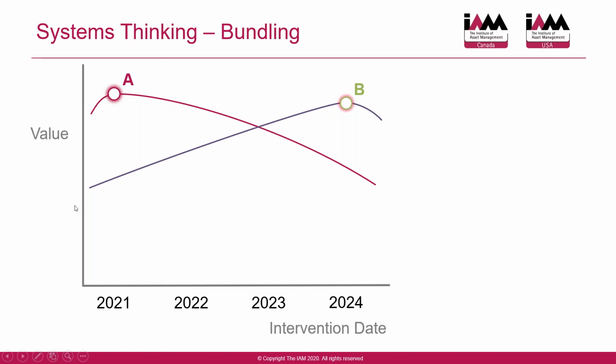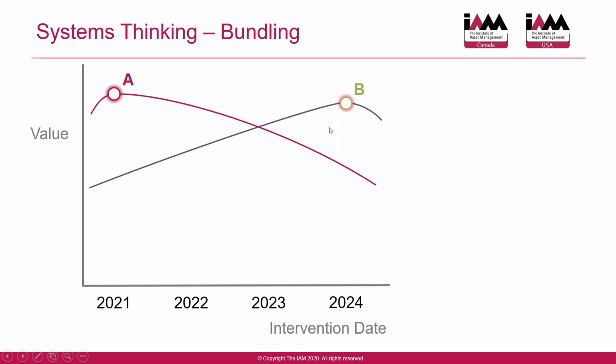So again, using a very simple example with 2 assets, we've got asset A and asset B, and we've got that same value versus intervention date curve for those 2 assets. We can see that we should probably intervene on asset A in 2021 and intervene on asset B in 2024, because considering all the costs and risks mitigated, those are the optimal dates.